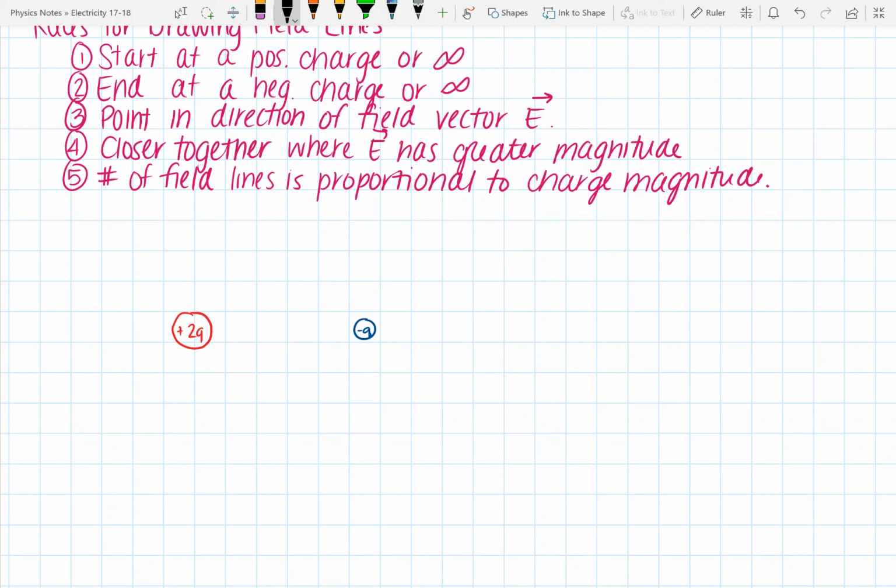So, this is going to wrap around. You might get one over here. But remember, they go into the negative charge.